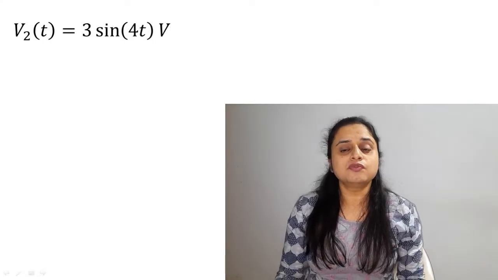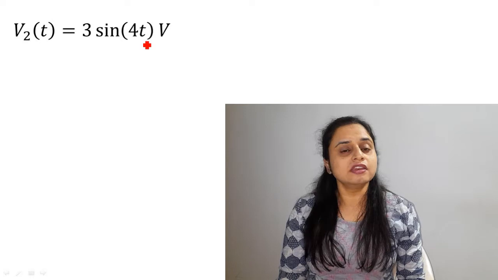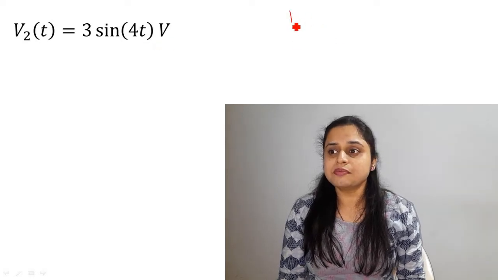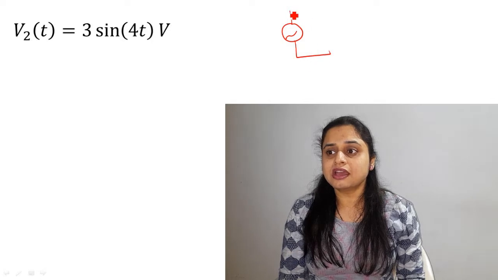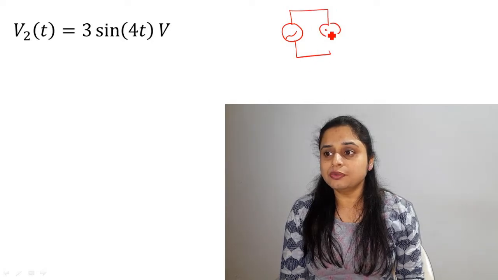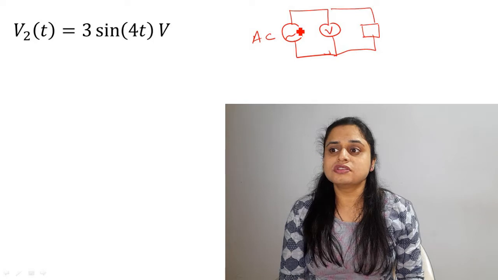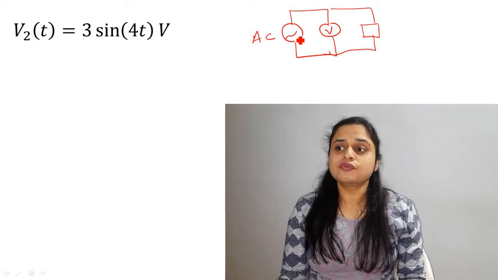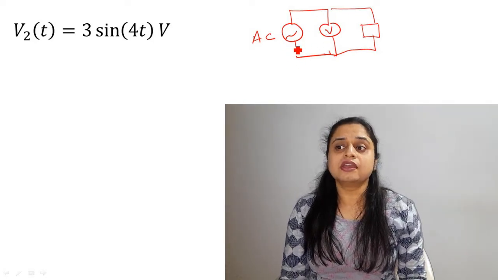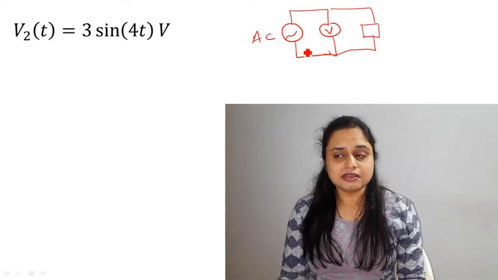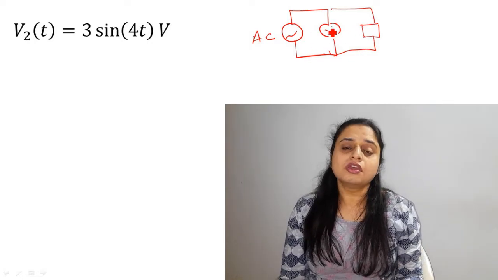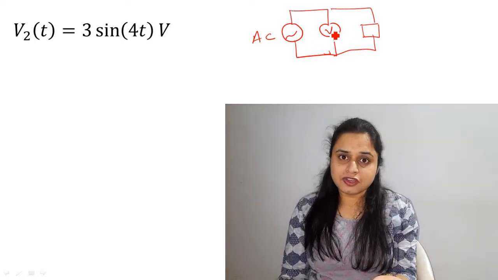For the AC supply, the voltage given is 3 sin 40. For the AC supply, again draw the diagram here. This is your AC supply, and you can draw the voltmeter here. This is your AC supply, and your load is connected. So this is your complete network. When we give this supply, the AC supply, then this voltmeter must read the average value.